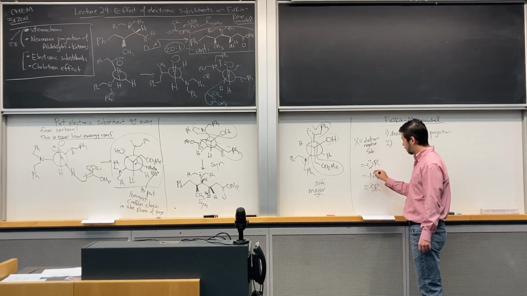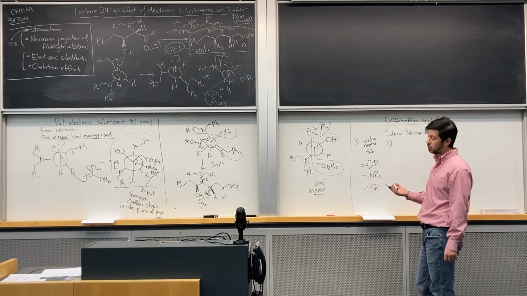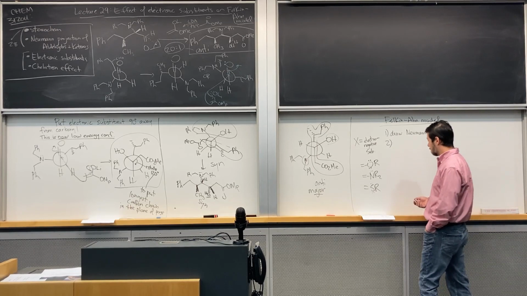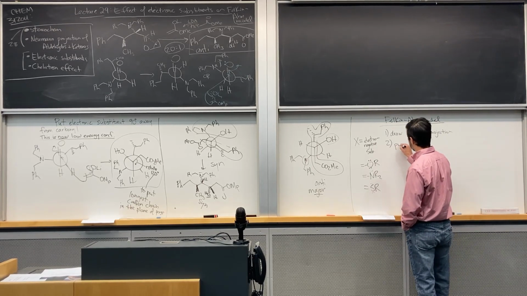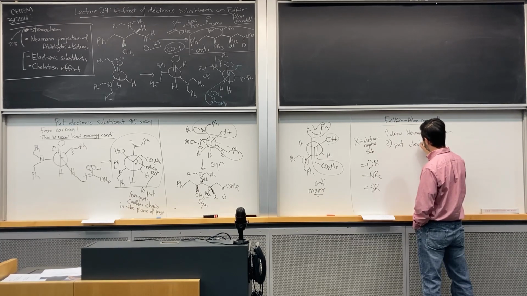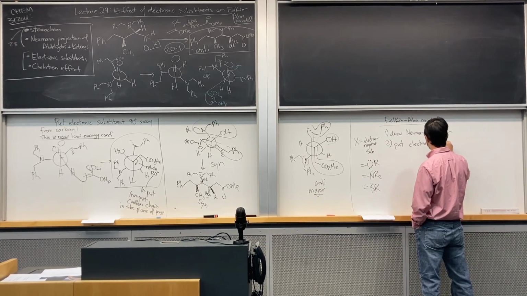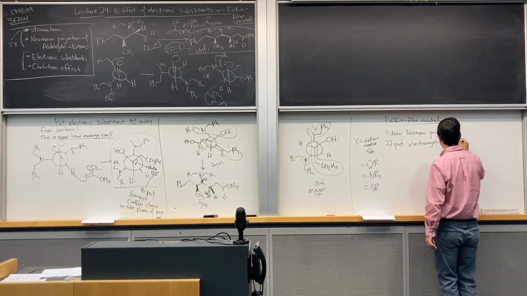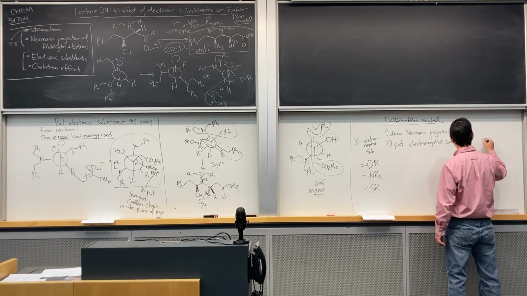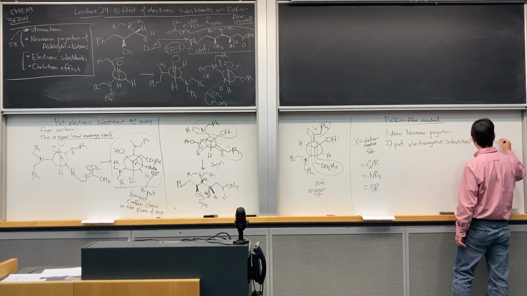These have lone pairs of electrons, so these are good electronic or electronegative substituents. So the first thing you should do, therefore, is put the electronegative substituent 90 degrees to the carbonyl.